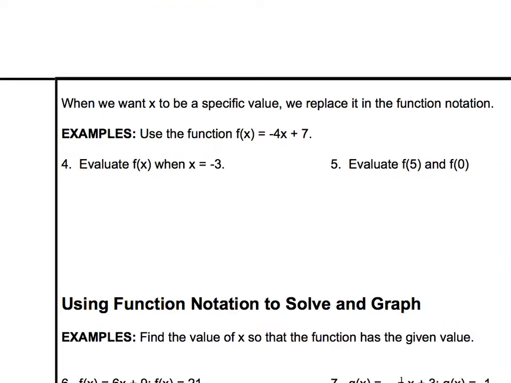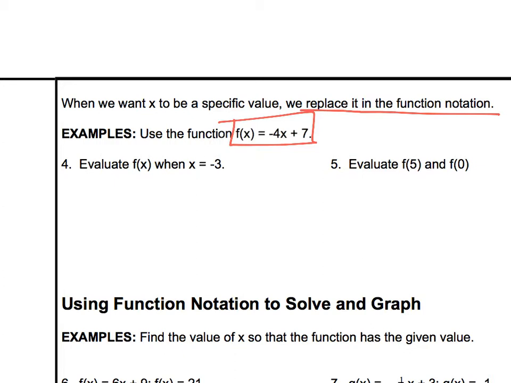When we want x to be a specific value, we replace it in the function notation. So instead of putting x, we're going to put the number we're told x is equal to. Use the function f of x is equal to negative 4x plus 7. Evaluate means or do order of operations.